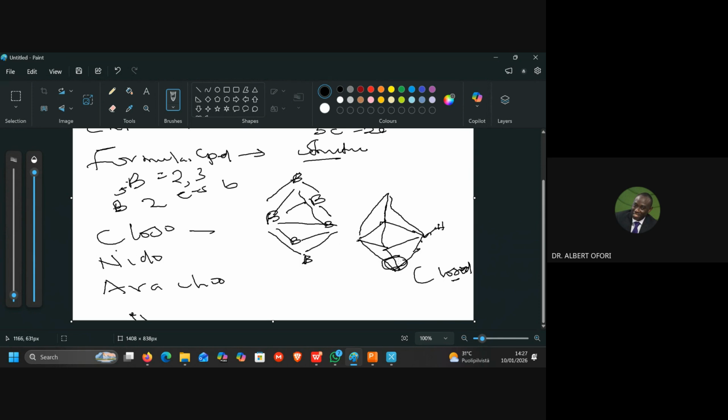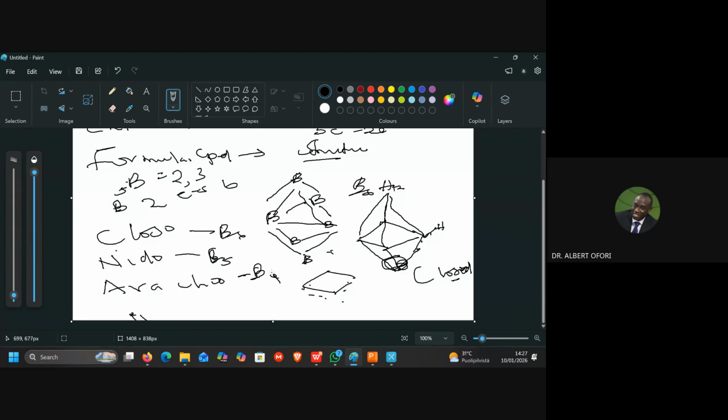Now when we lose one boron, and this is B6H12, it becomes 5 borons in a cage. Then the nido is like a nest, nido from nest. Then the arachno is like the spider web kind of shape. So this is 5 boron, this is 6, this is 4. And it's like a spider web, engaging its environment.